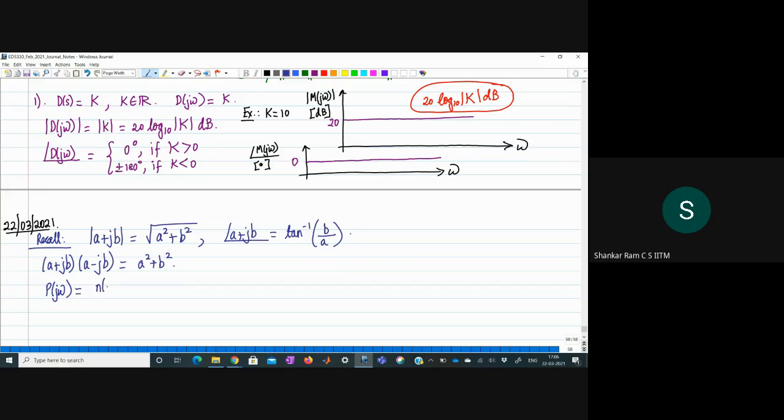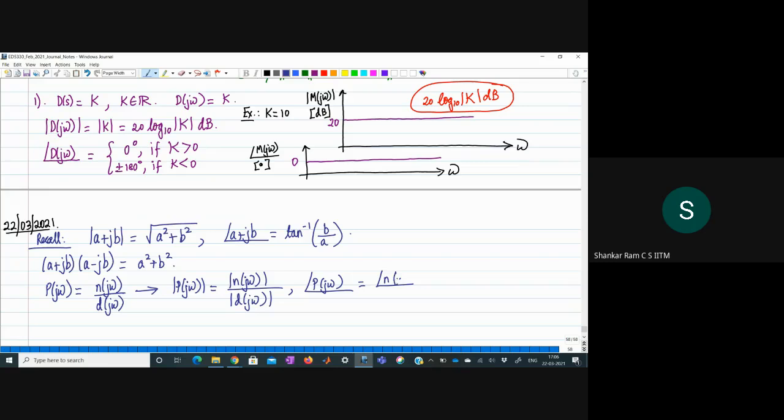Another concept which we have already learned is the following: if any sinusoidal transfer function is of the form N of j omega divided by D of j omega, then the magnitude of the sinusoidal transfer function is going to be the ratio of the two magnitudes, N of j omega and D of j omega. That is point number one. And the phase of the sinusoidal transfer function is going to be the difference in the phases.